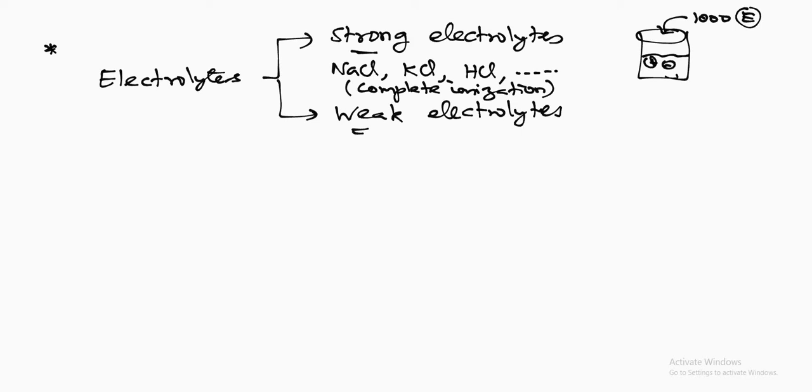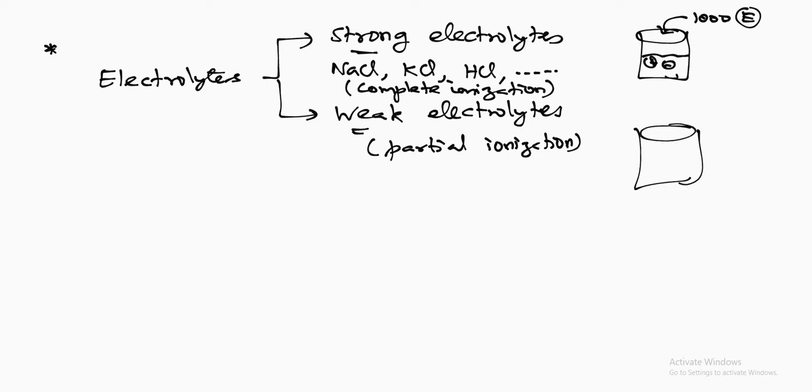What are weak electrolytes, on the other hand? Weak electrolytes are electrolytes which undergo only partial ionization. What is the meaning? Suppose I put 1000 molecules of some electrolyte in water or in any solvent.